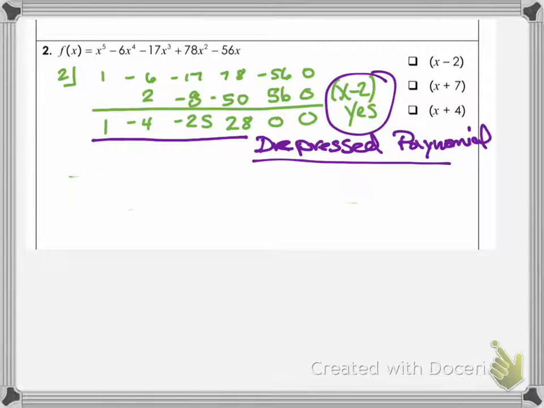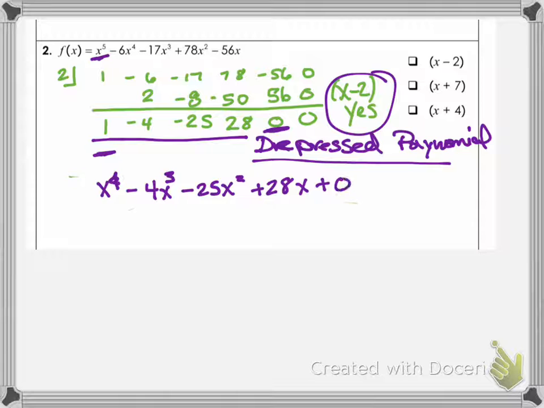So if this was a 5th degree term, that means this one is 1 degree less. So this would be x to the 4th, minus 4x to the 3rd, minus 25x squared plus 28x plus nothing, because it's a 0 for the last term, so plus 0.